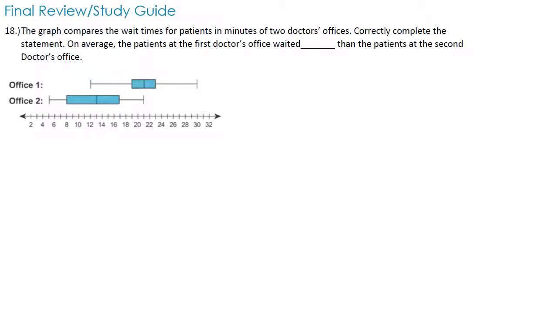For number 18, the graph compares the wait times for patients in minutes of two doctor's offices. Correctly complete the statement. On average, the patients at the first doctor's office waited blank than the patients at the second doctor's office. So if we take a look here, we want to identify the median of each of the office wait times.